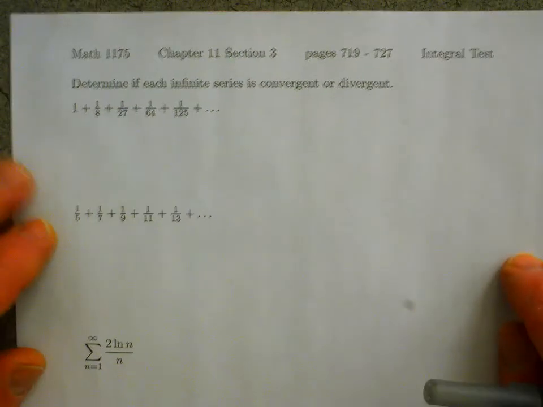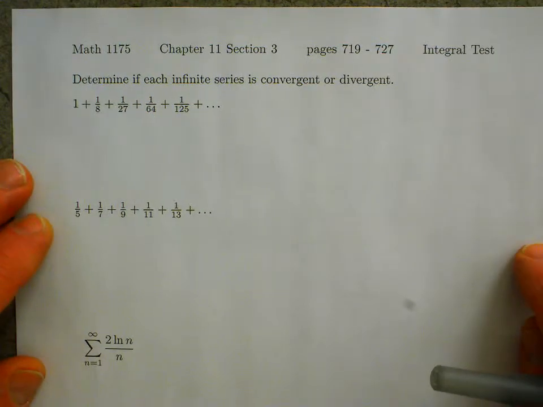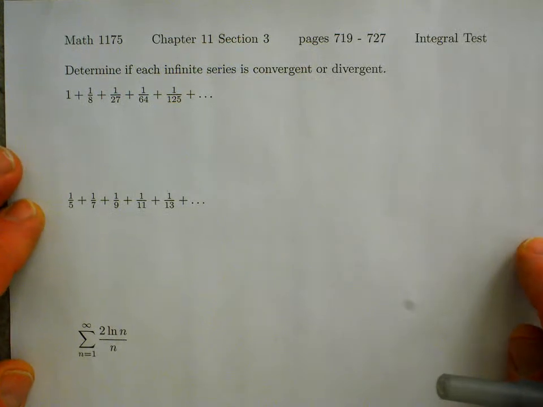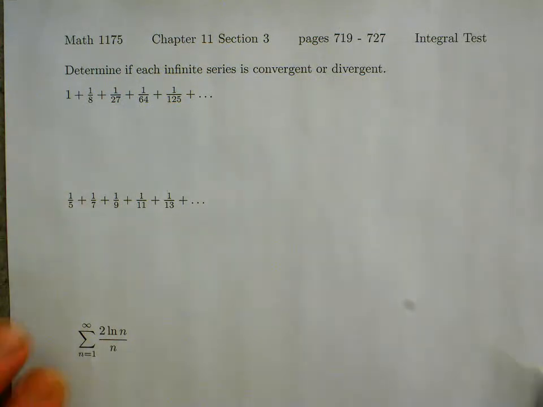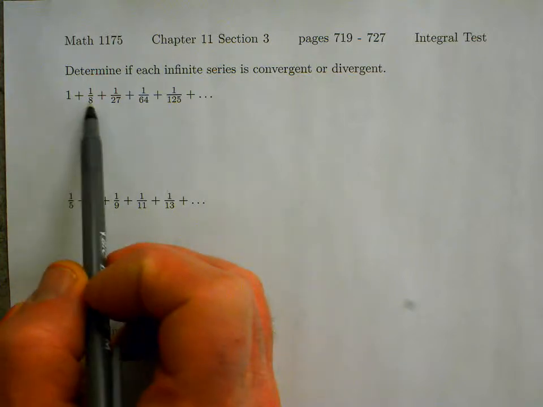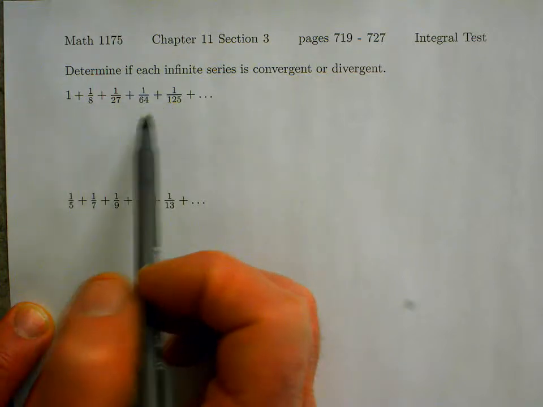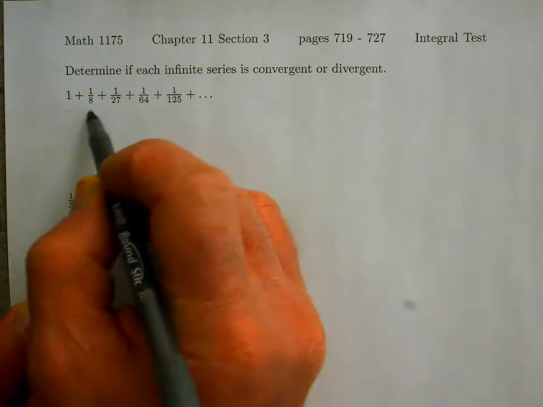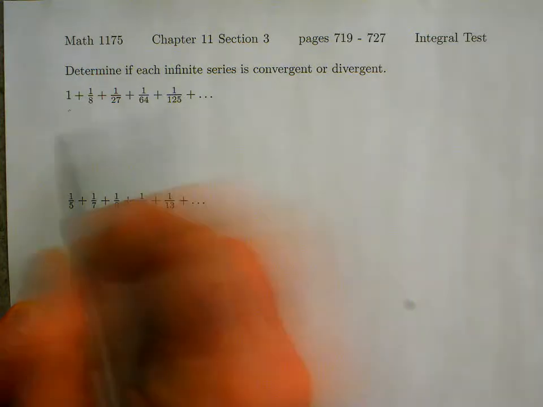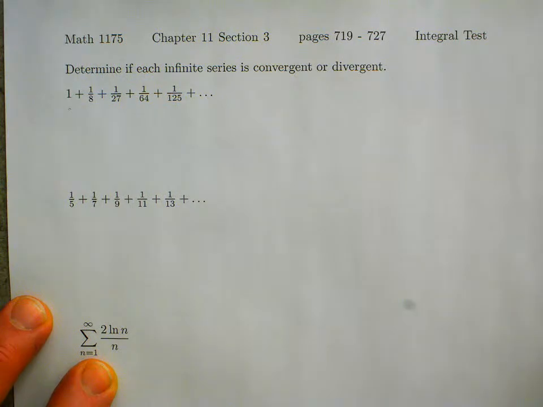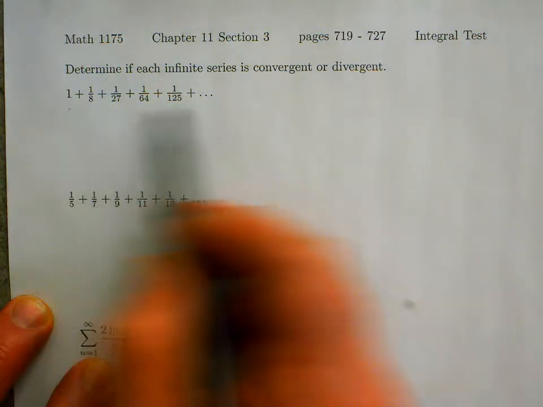Okay, let's take a look at some infinite series. For each of these, the integral test can be applied. You can see that the individual terms in the a sub n are decreasing, right? This is a sub 1 and then a sub 2 and so on. It's decreasing, so we'll be able to use the integral test for this.